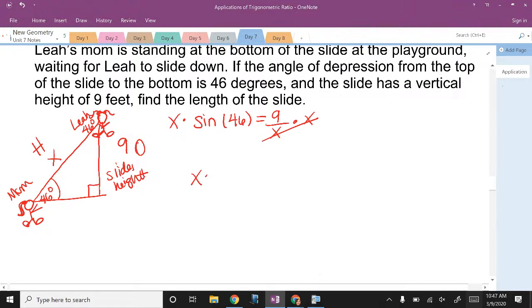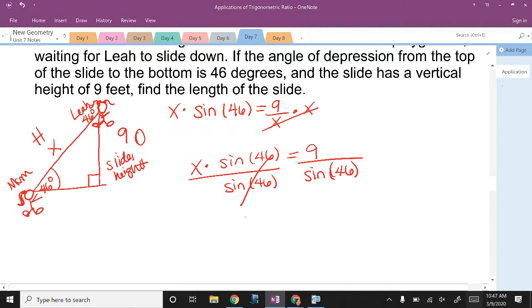And so x times the sine of 46 equals 9. Then what do we do? Divide by sine 46. So x equals 9 divided by the sine of 46 degrees. And then we'll get x by ourselves.